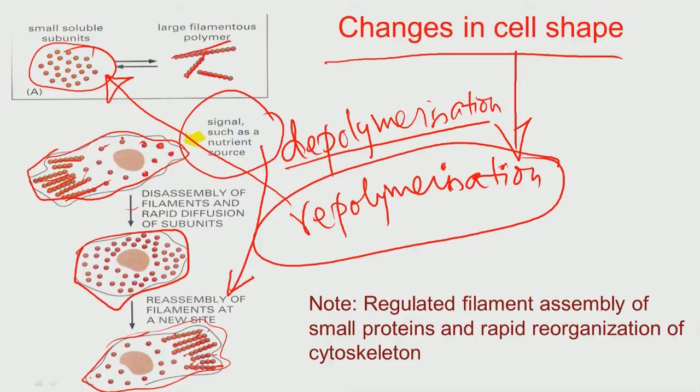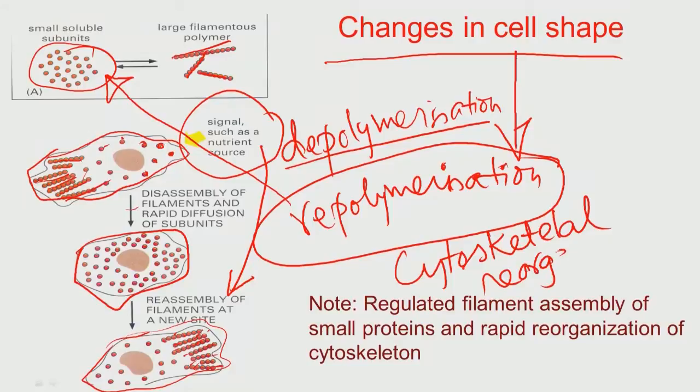That way, actin filament depolymerization and repolymerization can lead to a process called cytoskeletal reorganization. This cytoskeletal reorganization is one of the precursors to cell-material interaction.